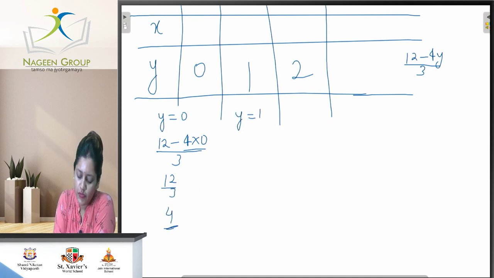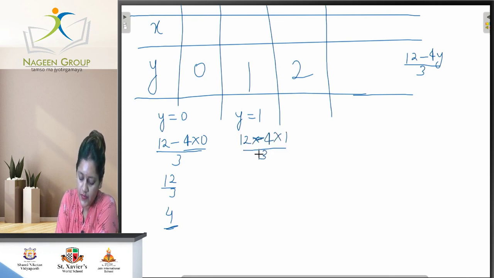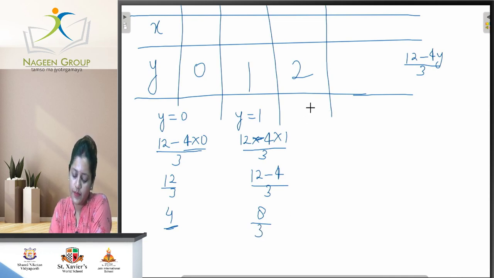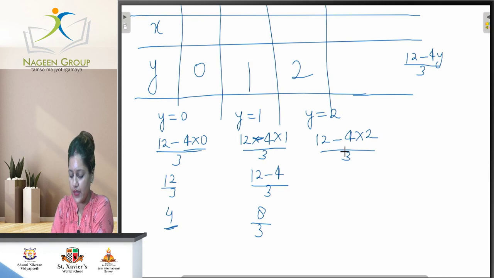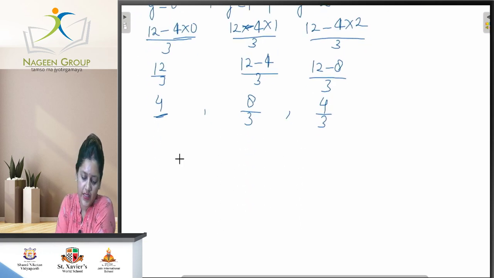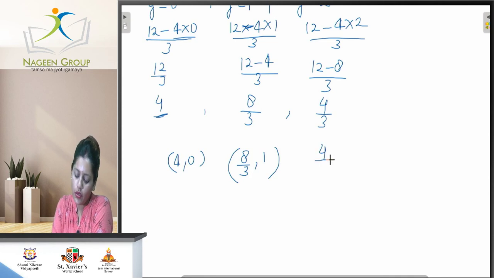Next, when y is equal to 1, then 12 minus 4 into 1 by 3, that is 12 minus 4 by 3, which is 8 by 3. Next, when y is equal to 2, then 12 minus 4 into 2 by 3, 12 minus 8 by 3, that is 4 by 3. So here we get the solutions: (4, 0), (8 by 3, 1) and (4 by 3, 2).